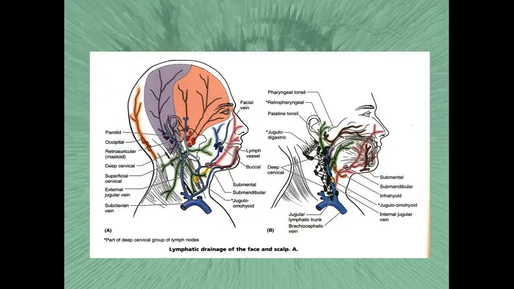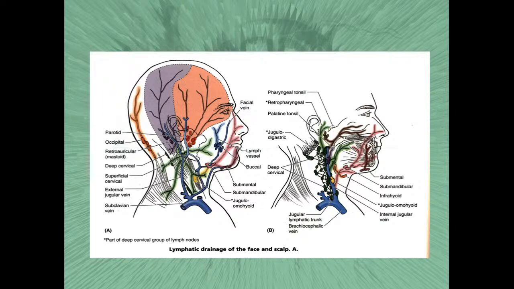Finally, from the cervical lymph nodes, lymph drains into the jugular trunk, as I told you before. Then, depending on the side of the body, from the right jugular trunk into the right lymphatic duct, from the left jugular trunk into the thoracic lymphatic duct, and corresponding to the side to the right and left venous angle.